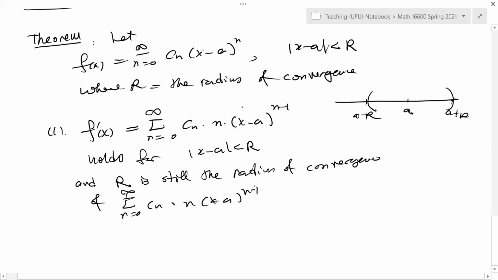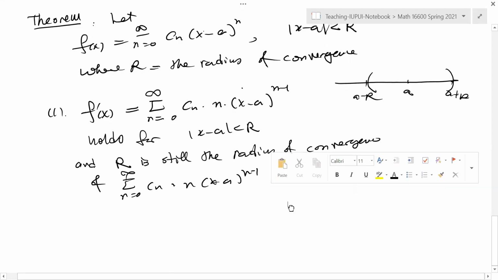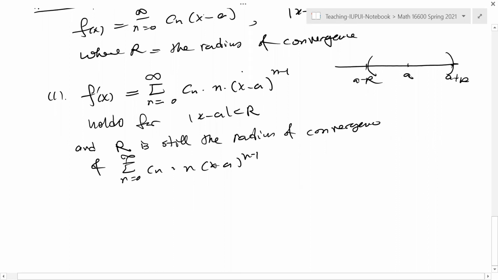Now, what does that mean? You have a series, you differentiate each term, and you create a new series. But for this new series, the radius of convergence does not change. So it's still only defined on this interval. Then I just want to say that this new series is actually the derivative of the function.